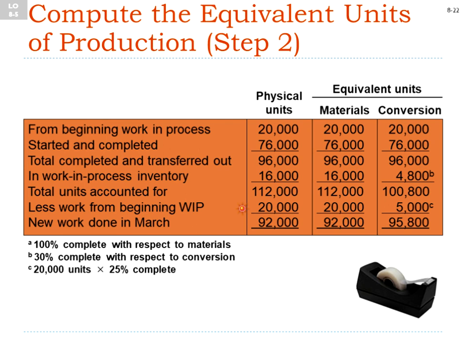So we know that 20,000 of these 112,000 units came from beginning work in process, so then we do the math there, and we calculate that 92,000 of those units must have come from new work done in March. So here we're making a distinction about the units to account for, which ones were from beginning work in process and which ones were from the current period.